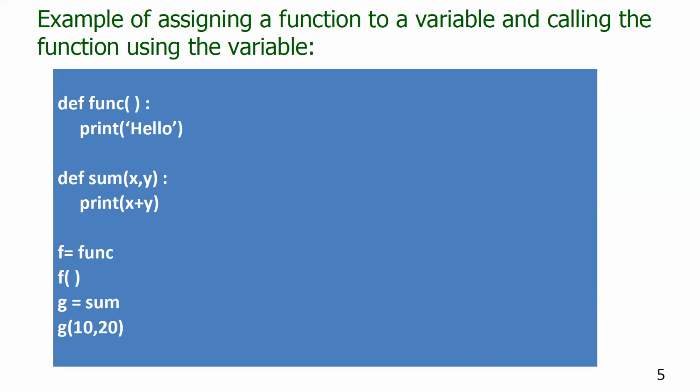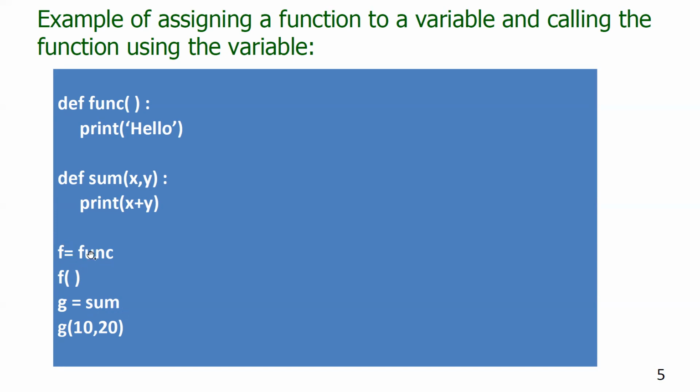In this program, we have defined the two functions called func and sum. Now, we can create a variable and we can assign these functions to variables. So we have taken one variable f equal to func. Func is the function name. And g equal to sum. Sum is also the function name.